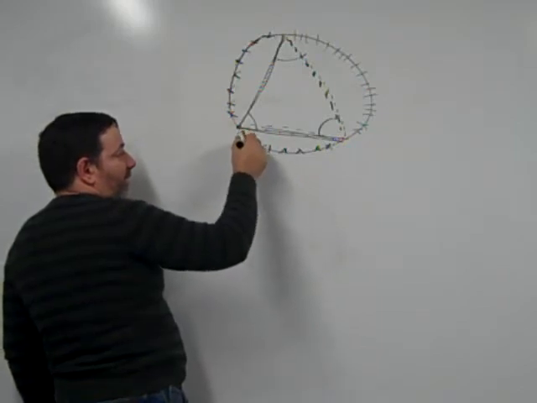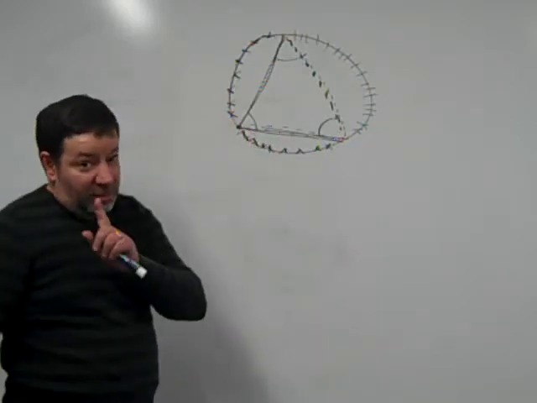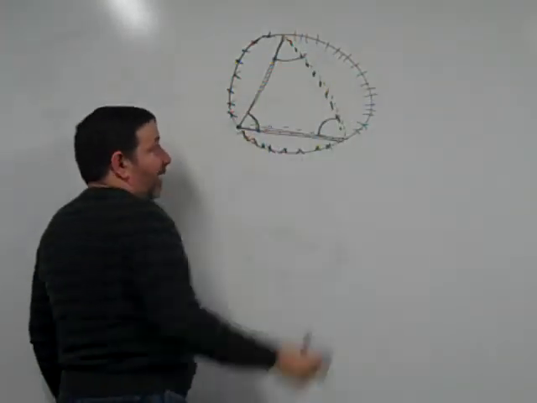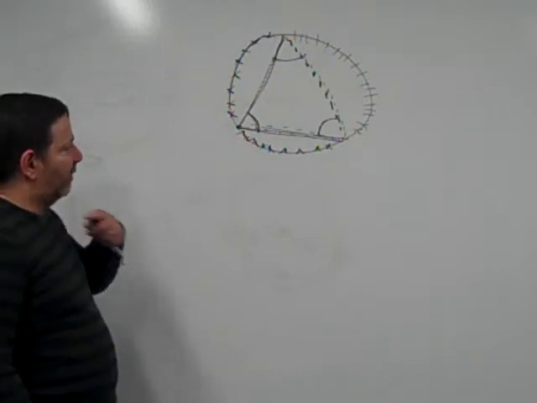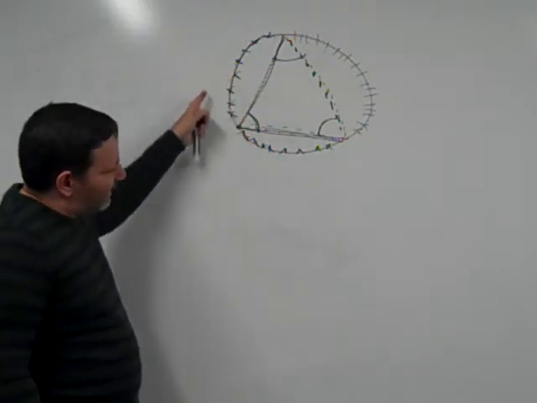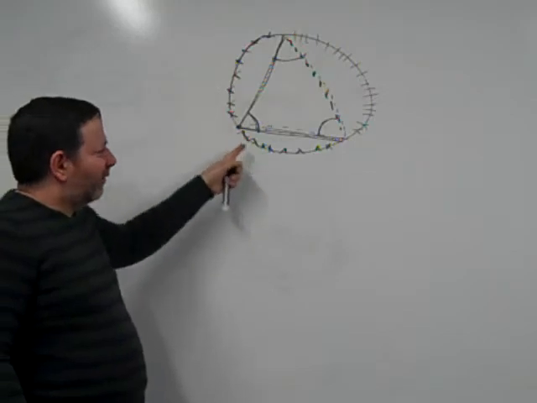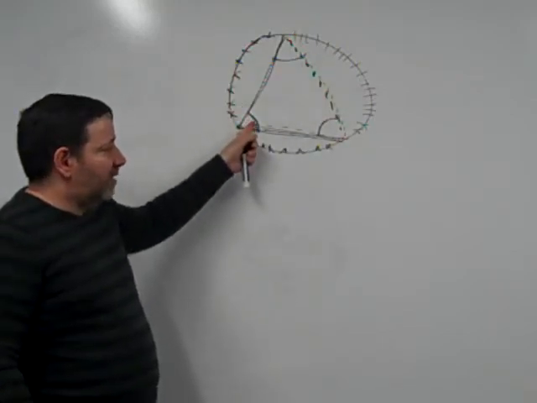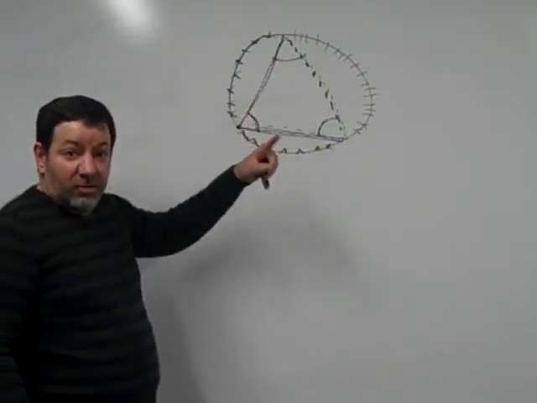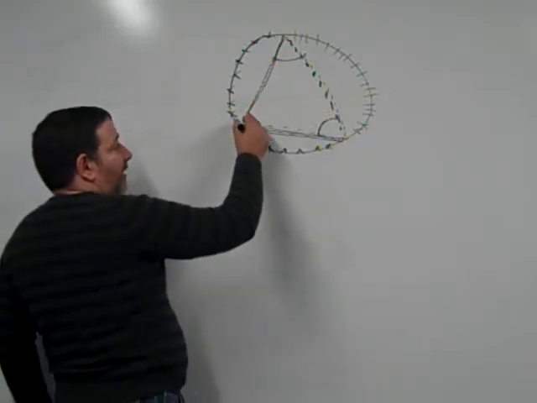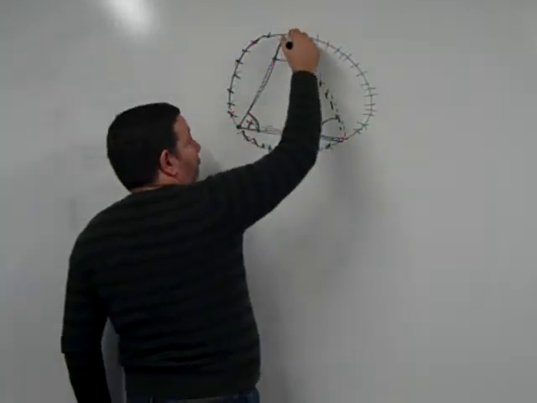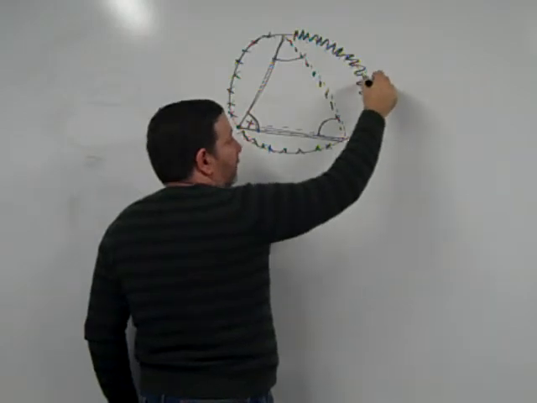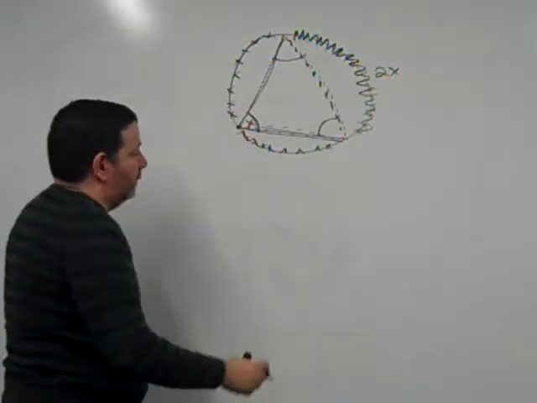All three angles in that triangle, which add up to 180 degrees, this angle plus this angle plus that angle adds up to 180 degrees. But yet, it cut off 360 degrees of the arc. 180, 360, 2 to 1. If this angle is x, then the arc that it cut off is twice x.